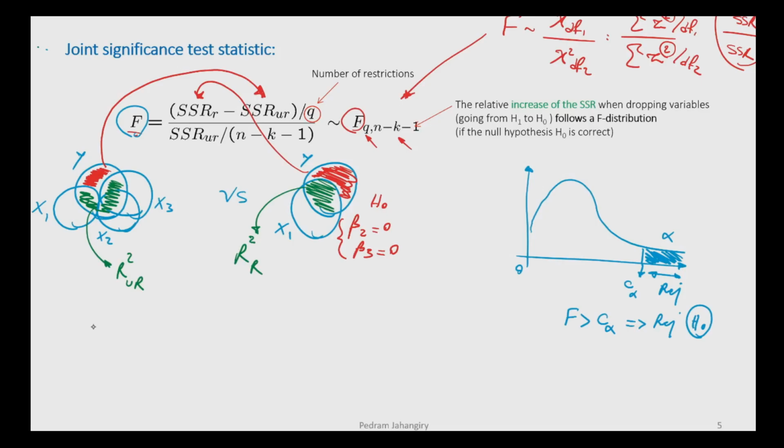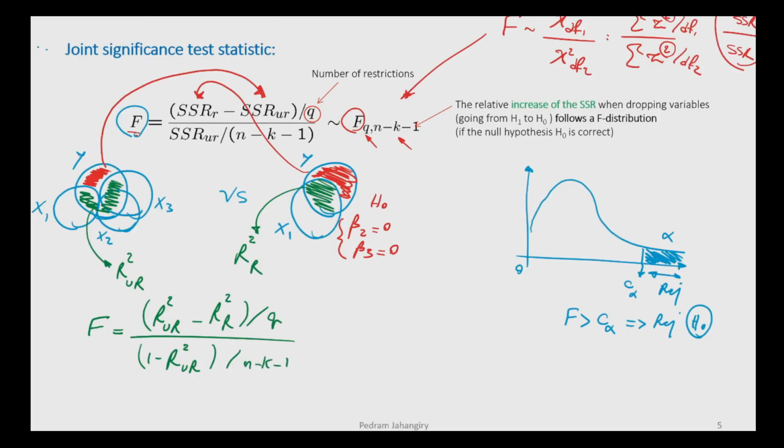So we can prove mathematically that F is also equal to r squared of the unrestricted model minus r squared of the restricted model, this whole thing divided by q, which is the number of restrictions, then divided by 1 minus r squared of the unrestricted model divided by n minus k minus 1.